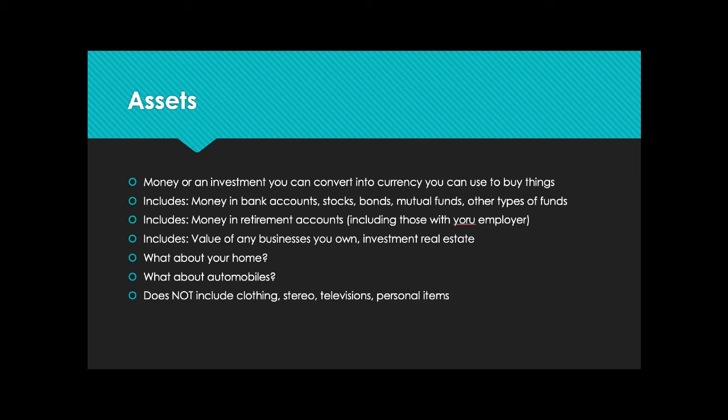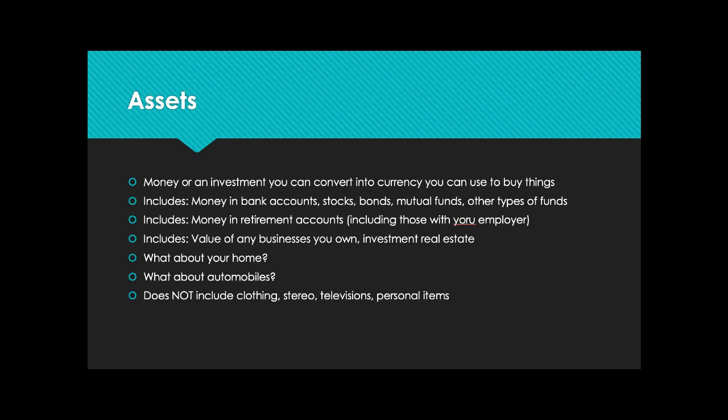But if you really don't intend to ever liquidate your home to live off the proceeds, but really that's the residence you intend to live in for pretty much the bulk of your life, then it really may not make a lot of sense to put your home listed as an asset if you don't intend to liquidate it. So you can go either way, and of course, if you list your home as an asset, you have to include the mortgage as a liability. So just as long as you make that own personal decision one way or the other consistently, you should be fine.